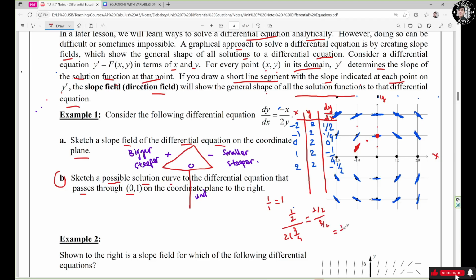So it's going to be 1/3, right? Now 1/3 is less than 1, so it could be less steep, so it could be something like this, right? So if you keep doing that, you will have a possible solution curve to the differential equation, something like this.